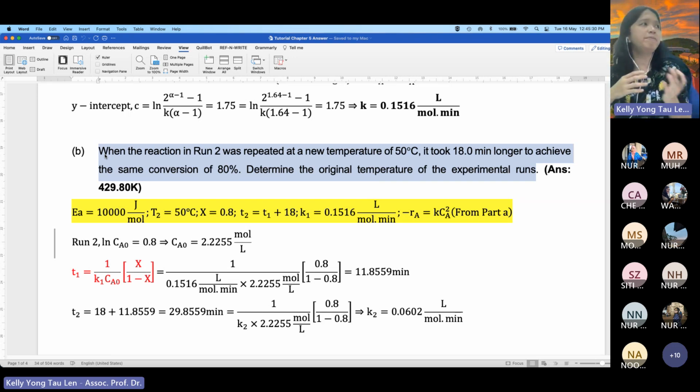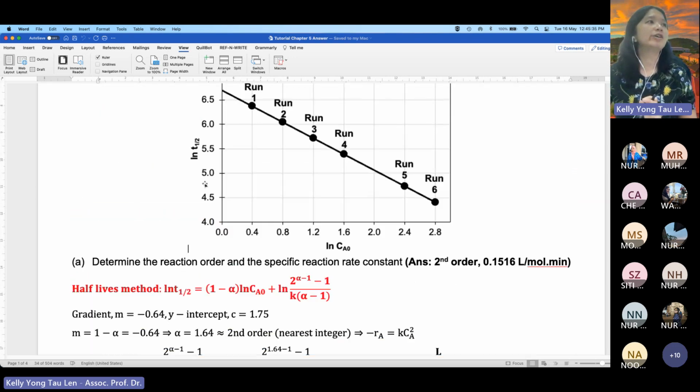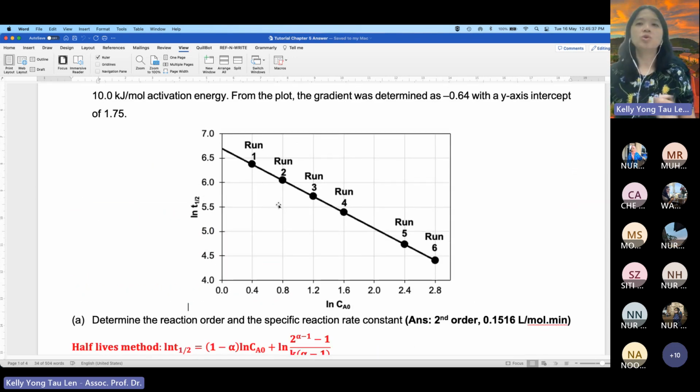Okay, so dia kata soalan ni, dia repeat balik run 2. Okay, so kita tengok kat dalam graph, this is your run 2. So imagine kalau kamu lupa, half-life method adalah, as I taught you, kita ada series of experiment. Okay, run pertama akan menggunakan CA0, katakan CA0 pada 2 molar.